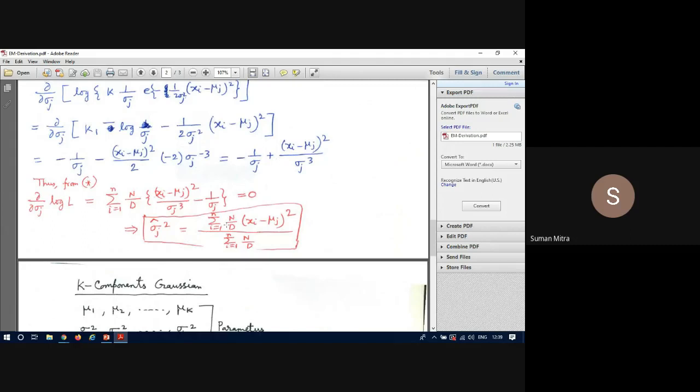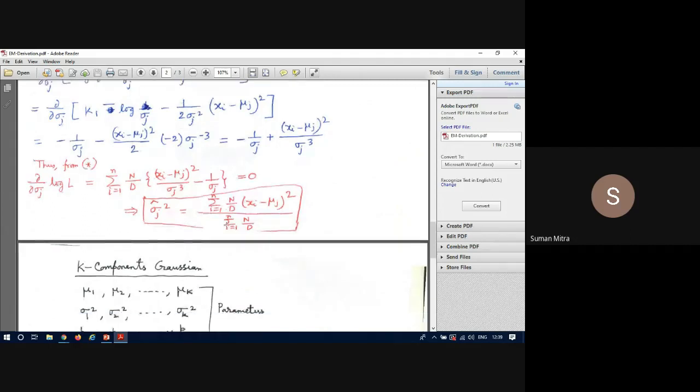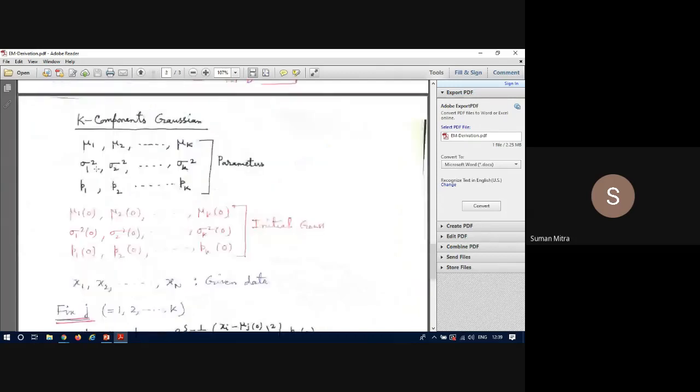Now actually how to compute? We have parameters mu1, mu2, mu3, mu k, sigma 1 square, sigma 2 square, sigma k square. Instead of w, here I am writing p1. That's a difference in the symbol only, but just think about it. These are nothing but w's. These are parameters.